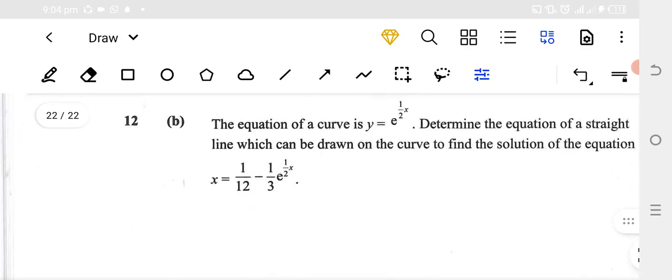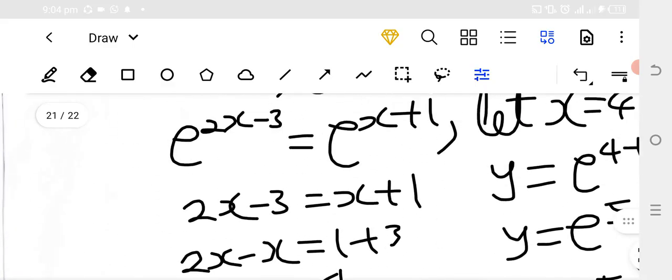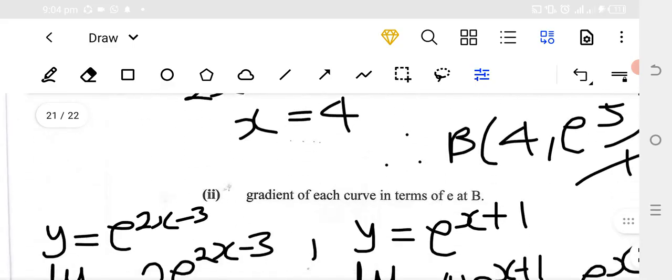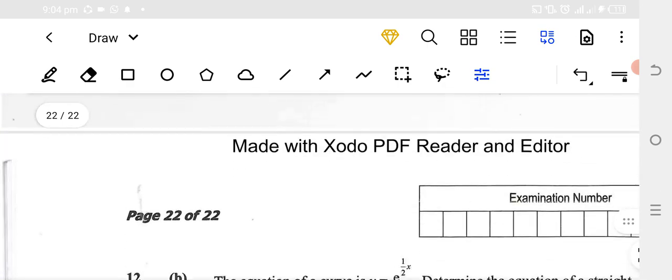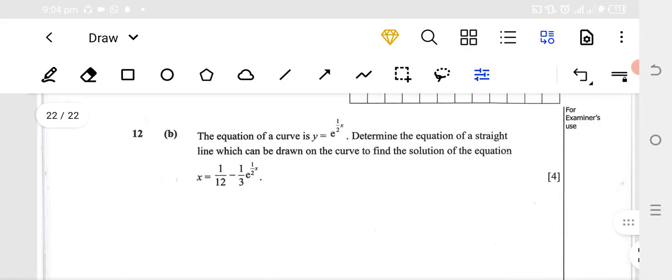Then you have your final question. So I've answered 12A1, 12A2. Now your final question. This is your last and final question. Question 12B. The equation of a curve is y is equal to e to the power half x.